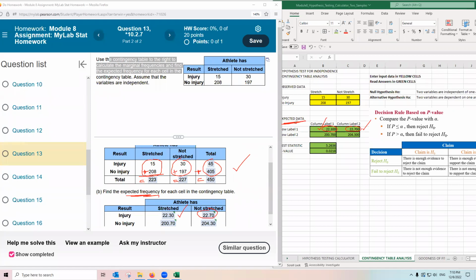This is what would be the expected number in each cell if we assumed the two quantities are independent. There's a calculation for this that you can see in the textbook, but these green cells will work out the expected frequencies for you for this kind of question. All right.